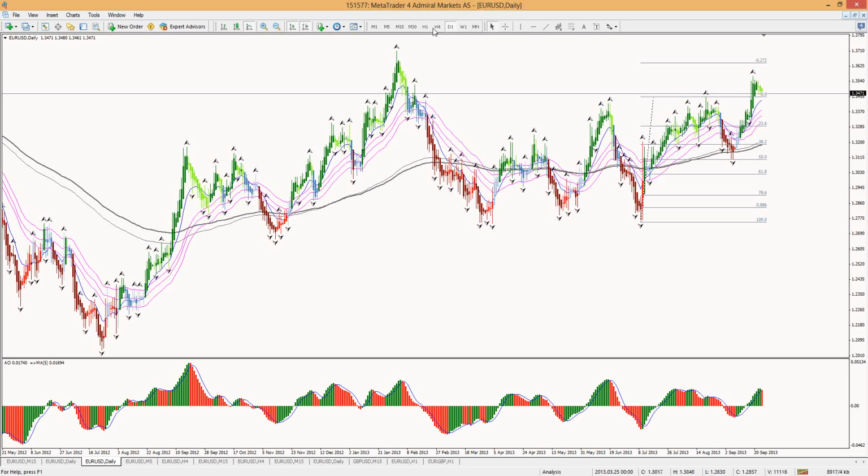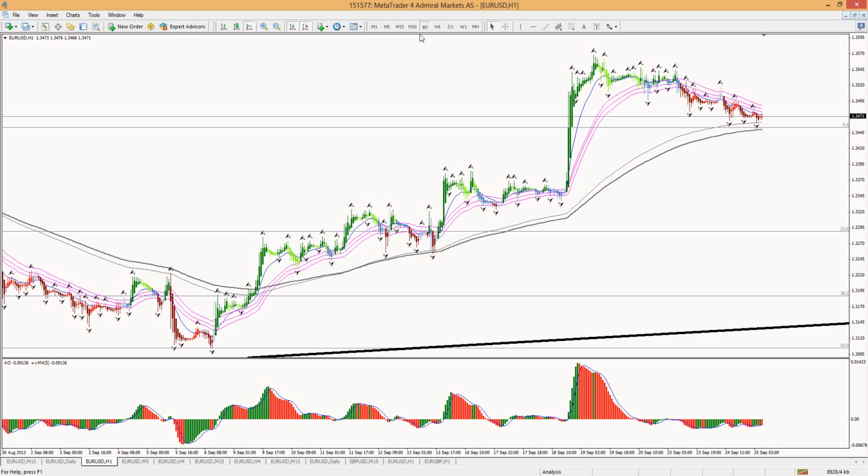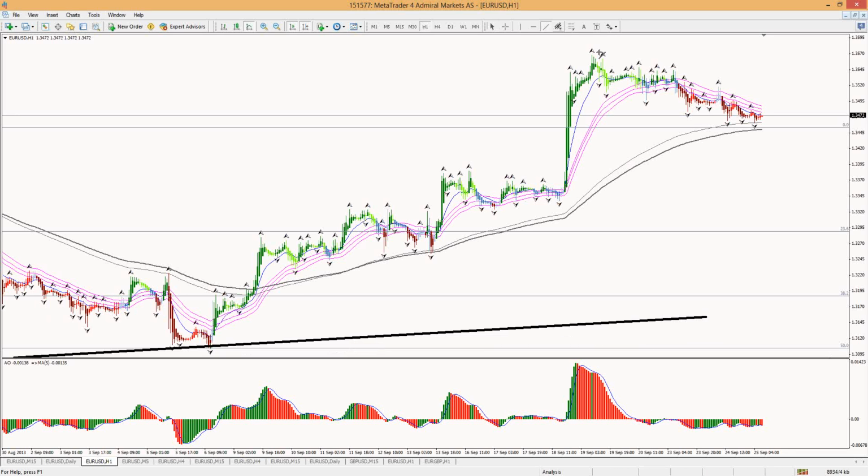And otherwise, let's zoom back to the 1-hour chart. We could add a trend line like that, for example. You can see that if we put a trend line on the tops, that's the breakout we're waiting for.